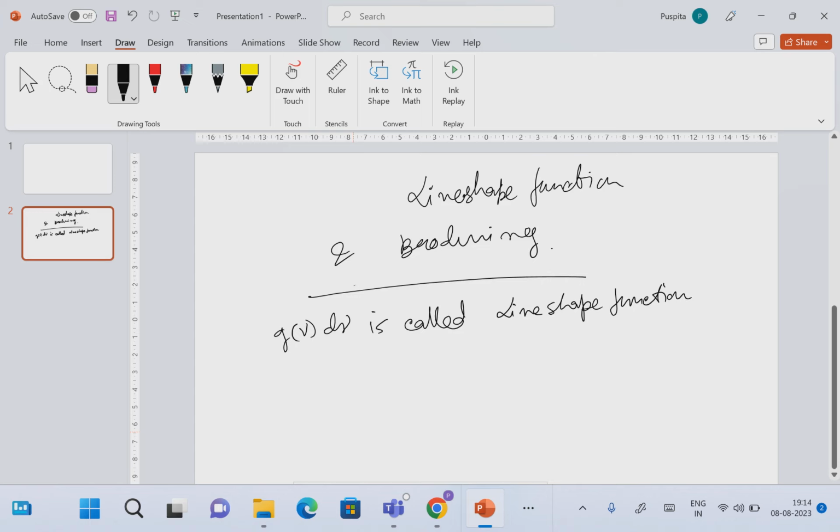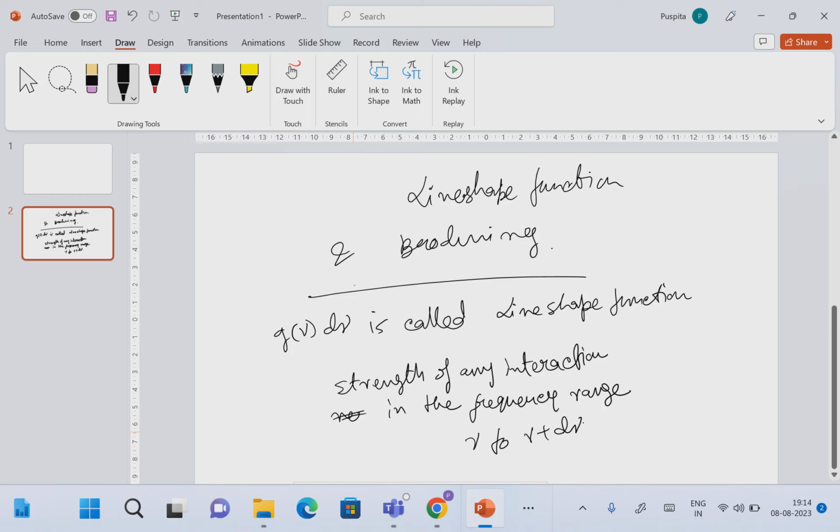The purpose of defining the line shape function is to define the strength of any interaction in the frequency range nu to nu plus d nu.